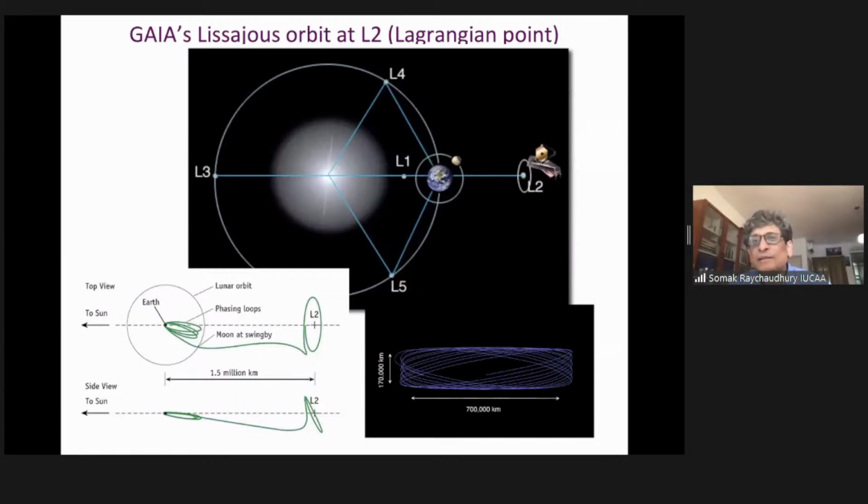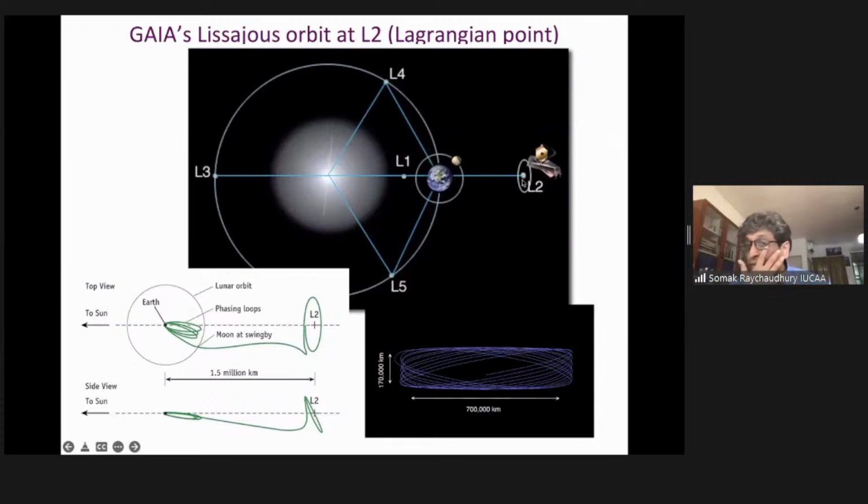there are various reasons to choose L1 and L2. For example, if you took this and put it at L1, then of course it's much closer to the Sun, but also it will have the Earth block it because it's looking at the sky for most of the time. It is an important thing for a Sun mission like Aditya to be at L1 because it can look at the Sun without the Earth blocking it.